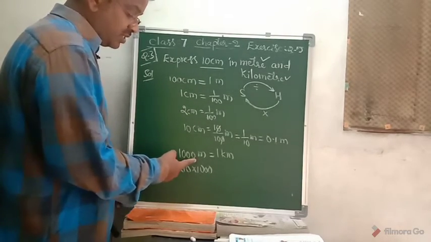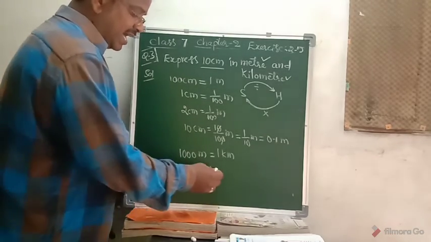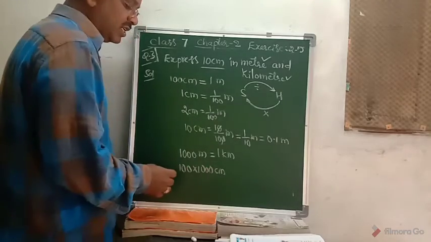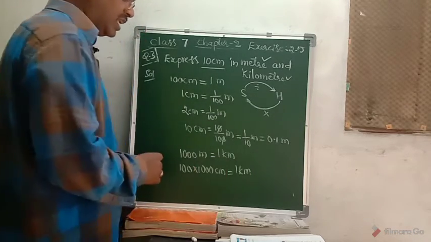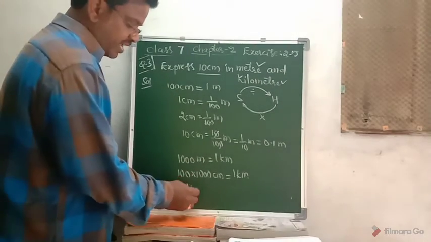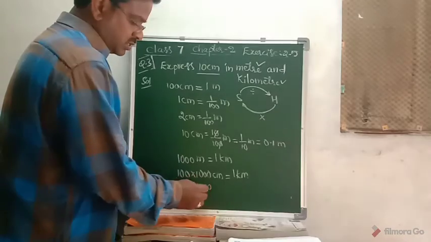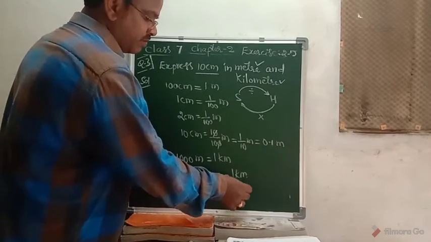To convert 1000 meters into centimeters, we multiply 1000 by 100, which has 5 zeros. It means there are 1 lakh centimeters in 1 kilometer.